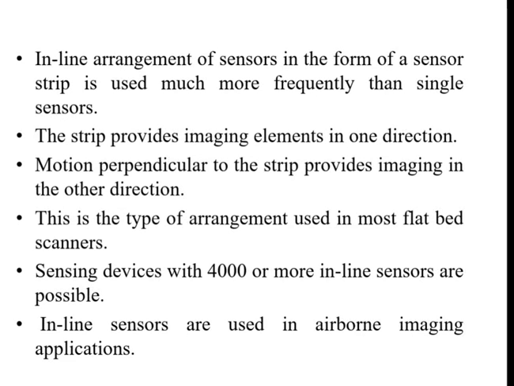Motion perpendicular to the strip provides imaging in the other direction. This is the type of arrangement used in most flatbed scanners. Sensing devices with 4000 or more inline sensors are possible. Inline sensors are used in airborne imaging applications.